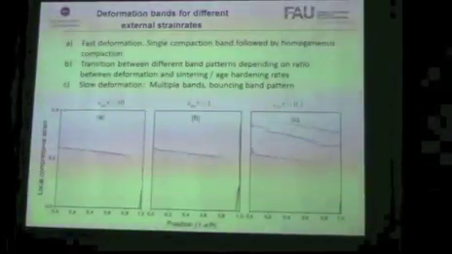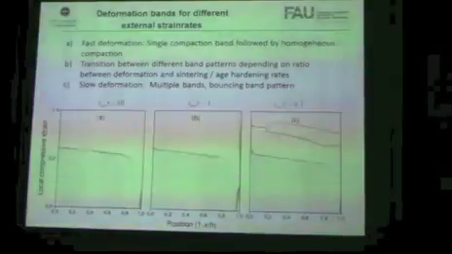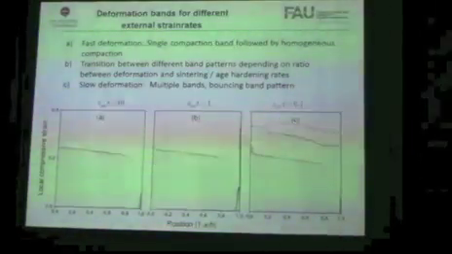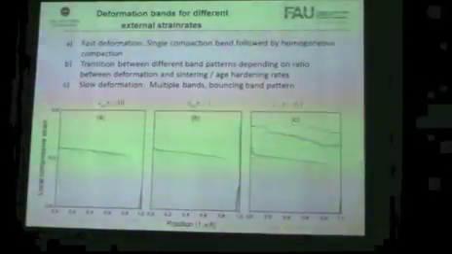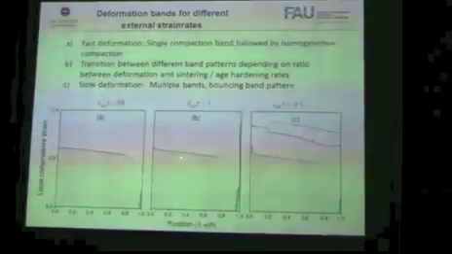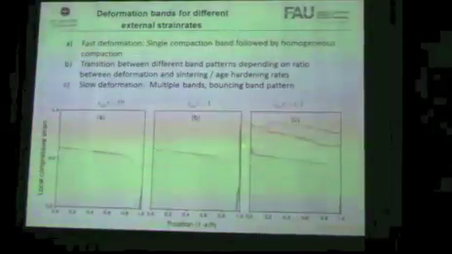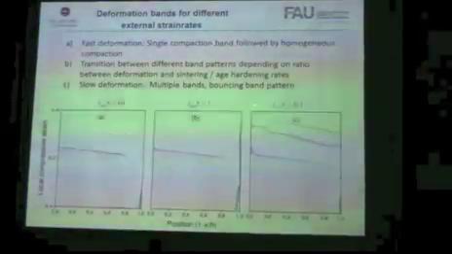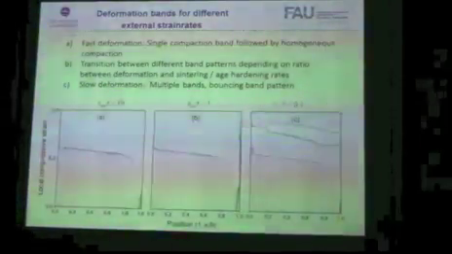In the transition phase, where both mechanisms, the sintering and the hardening, have almost the same rates, we see a second band, and then homogeneous deformation. For slower deformations, we see crazy patterns like multiple bands or bouncing bands.